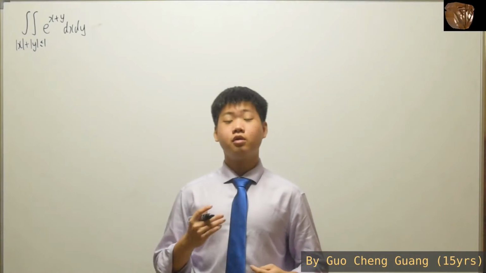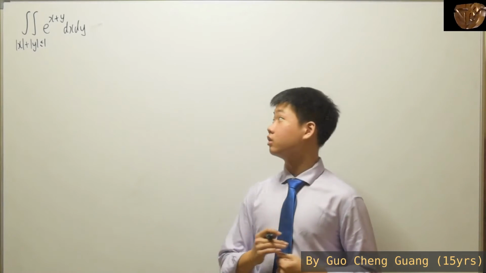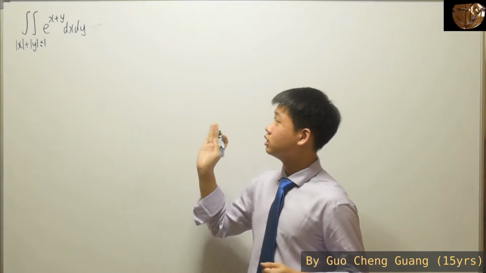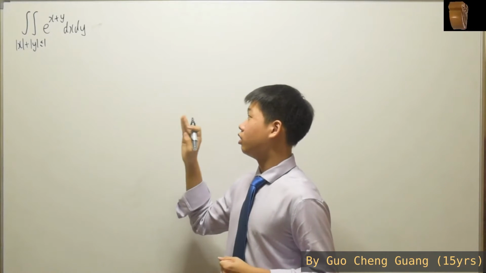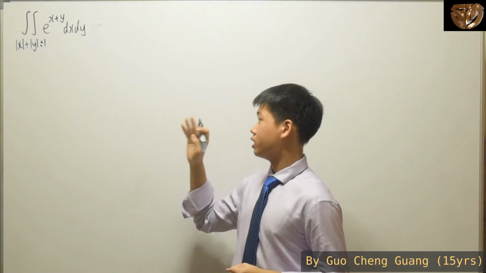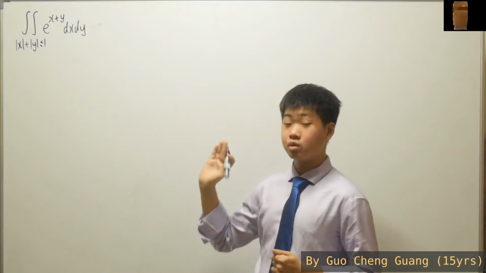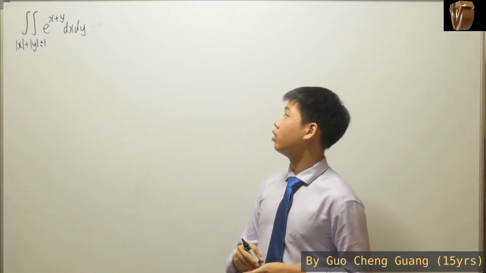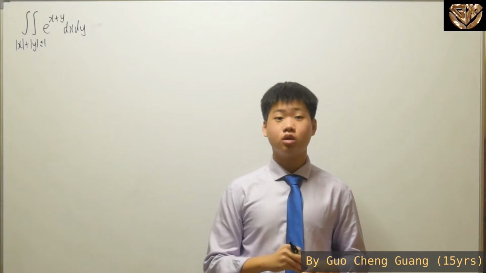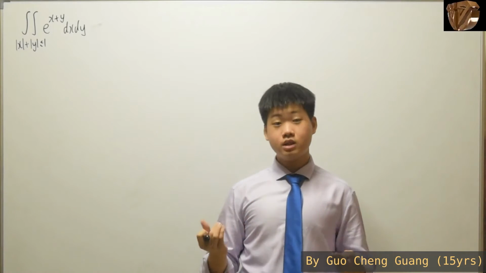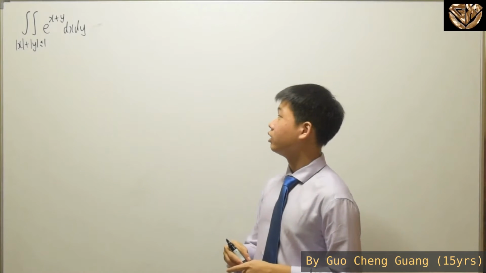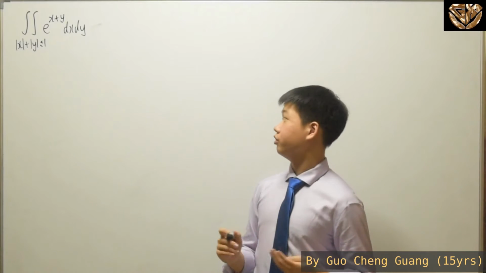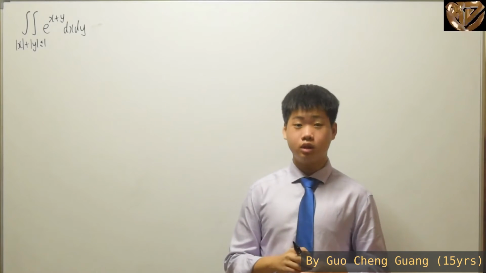We're looking at another example for this lesson. This example is a double integration over the region of modulus x plus modulus y is smaller or equal to 1, with e to the power of x plus y dx dy. Once again, we will take a look at what kind of boundary we have, what kind of question we are dealing with.